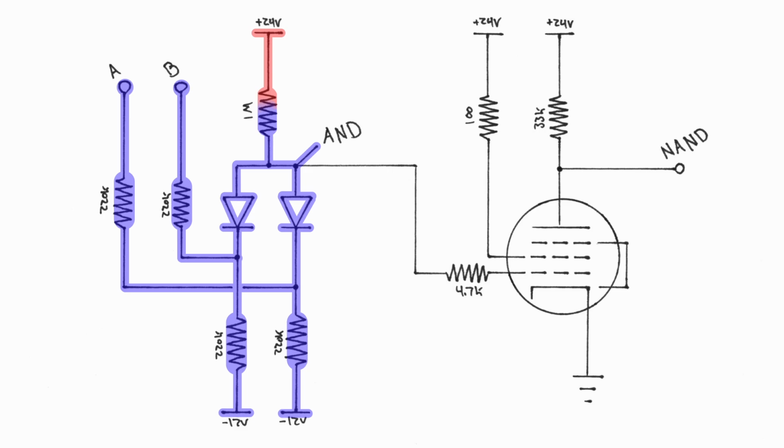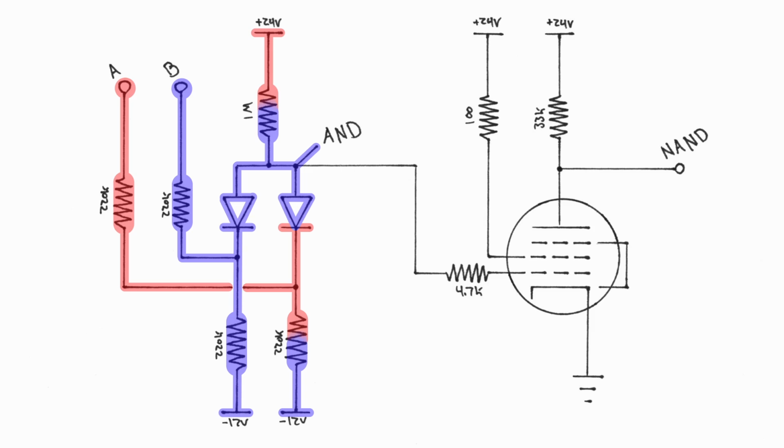However, if we put a logic high into one of the inputs, for example, input A here, that logic high input acts as a blocker for the negative 12 volts. However, the diode doesn't let that logic high input make it all the way up to our AND gate output up here. But the other diode is still connected up to negative 12 volts through the 220,000 ohm resistor, so it's still pulling our AND gate output low.